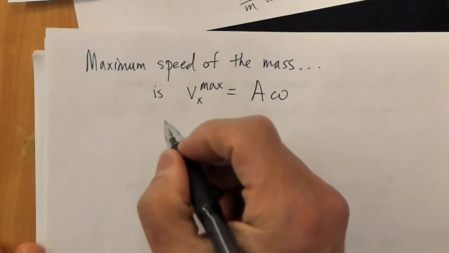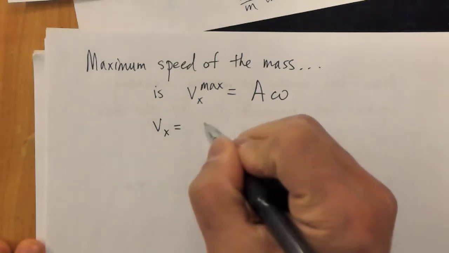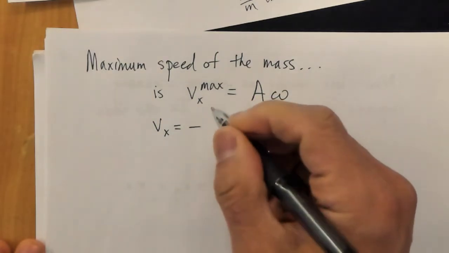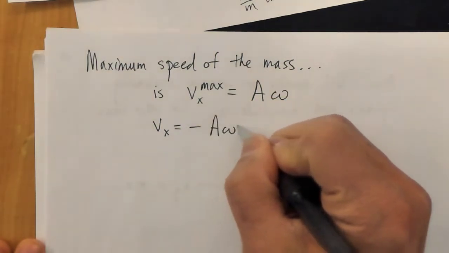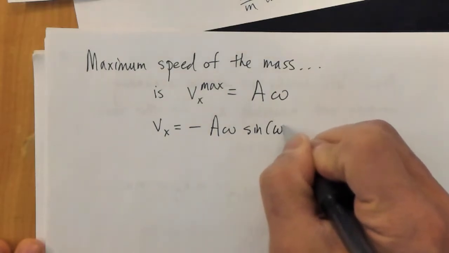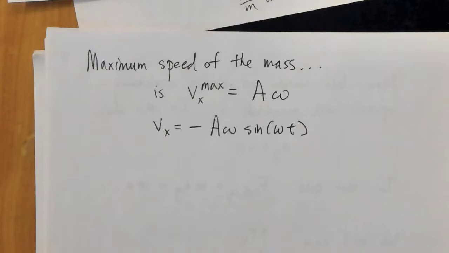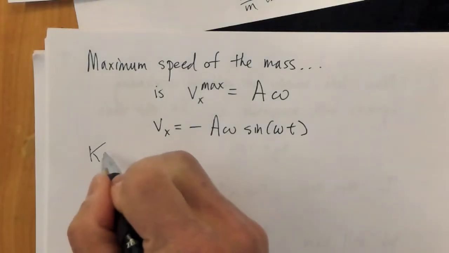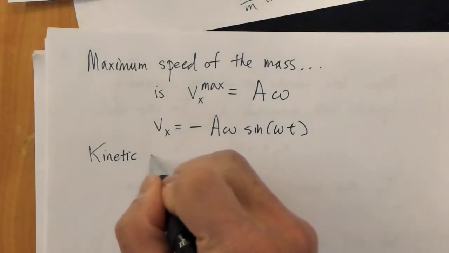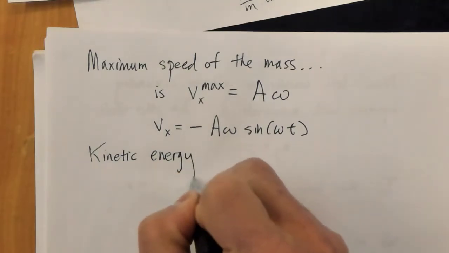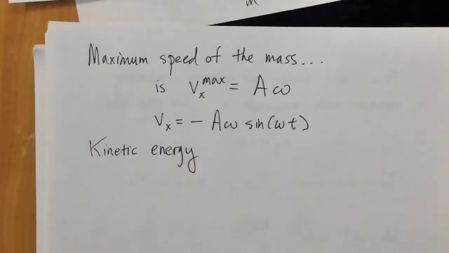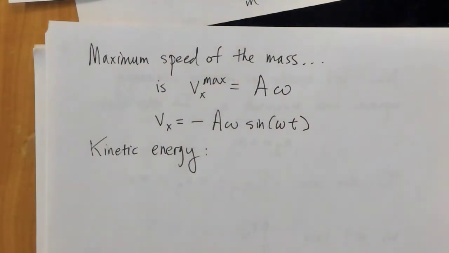All right, so let me just copy down the formula again for the Vx. It's a omega sine omega t. So let's write down the kinetic energy. The mass is moving, so it has some kinetic energy.